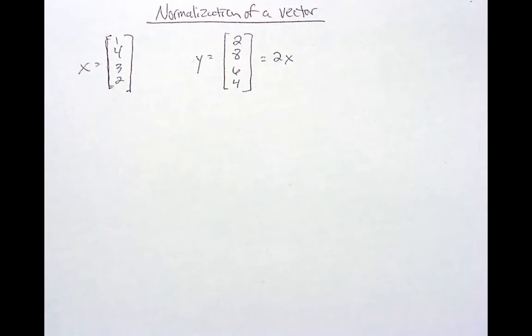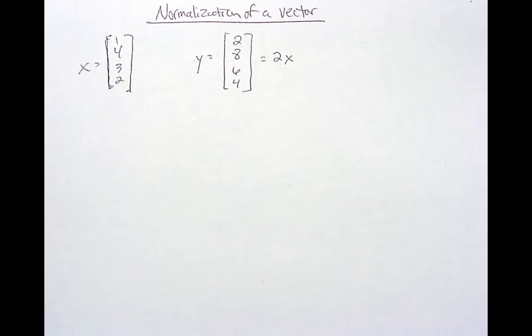The proportionality among the elements is preserved in this transformation of x into y by just, for example, doubling each element. If x is an eigenvector of matrix S, then y is also an eigenvector of matrix S. That's important to know, as is any other vector created by multiplying the elements of x by some constant.